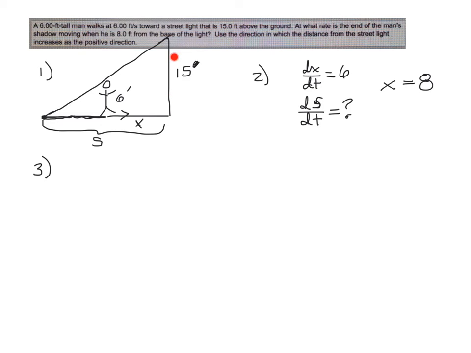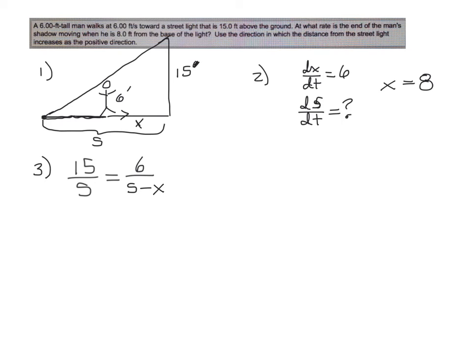So I'm going to go height of the big triangle, base of the big triangle, and that is going to be equal to the height of the smaller triangle and the base of the smaller triangle. So the height of the smaller triangle is 6. The base of the smaller triangle is s minus x.